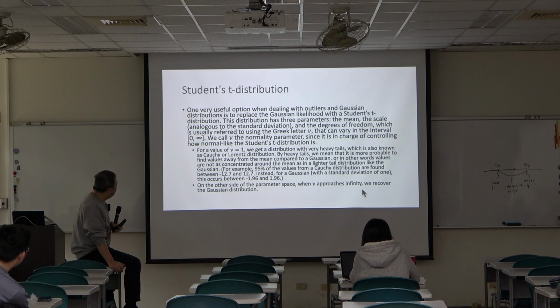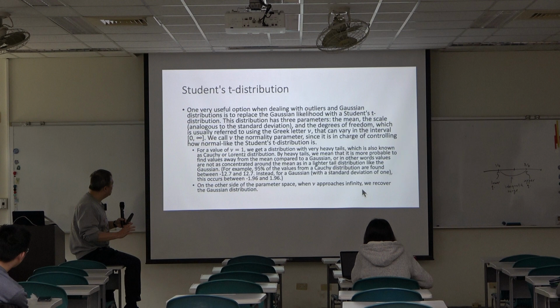So this model is kind of interesting. This nu or V is called the normality parameter. Why do we call it the normality parameter? Because it controls how similar the t distribution is to a normal distribution.